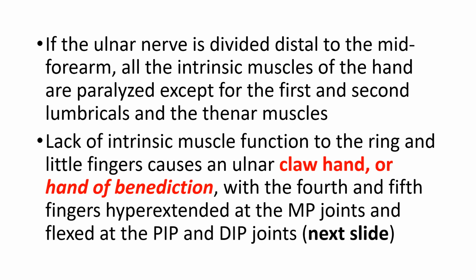Lack of intrinsic muscle function to the ring and little fingers causes an ulnar claw hand or hand of benediction with the fourth and fifth fingers hyperextended at the MP joints and flexed at the PIP and DIP joints.